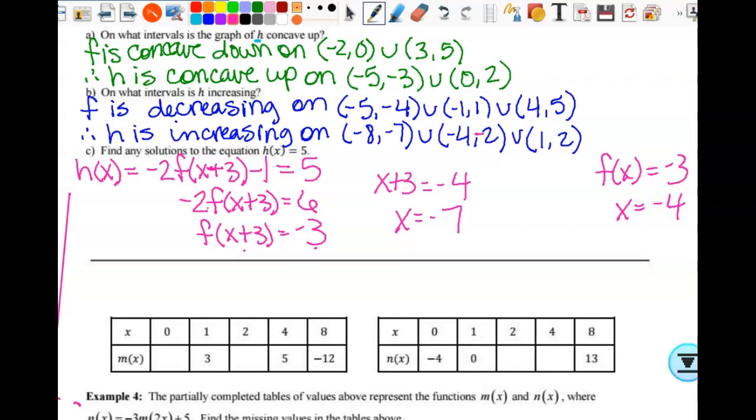But what happened was we didn't have f of x. We have f of x plus 3. So instead of just putting the x there, I had to put the x plus 3, and then that takes into account that horizontal translation. Okay, does that help? We good? Any questions? All right, we're not going to do the last part.